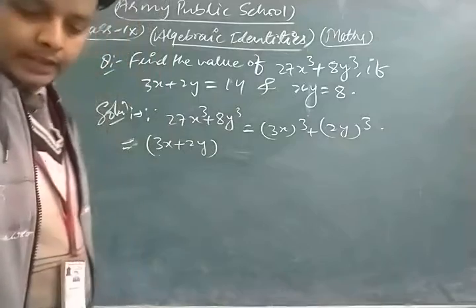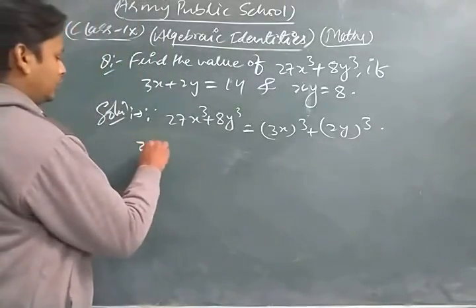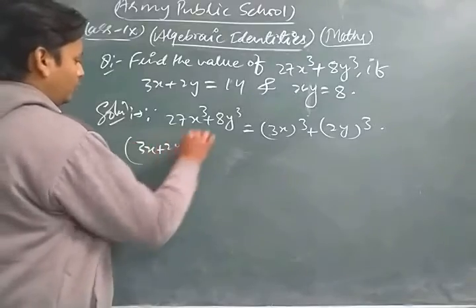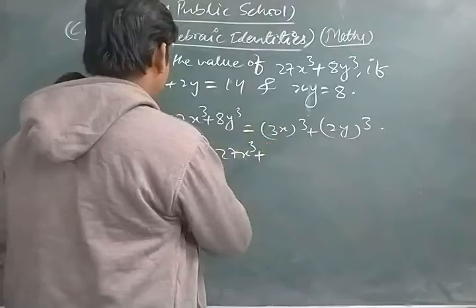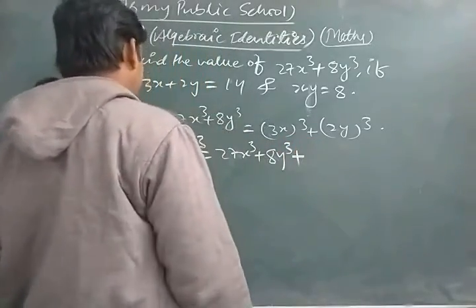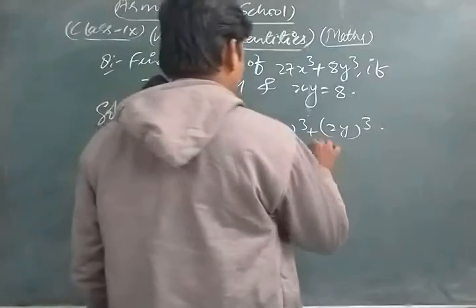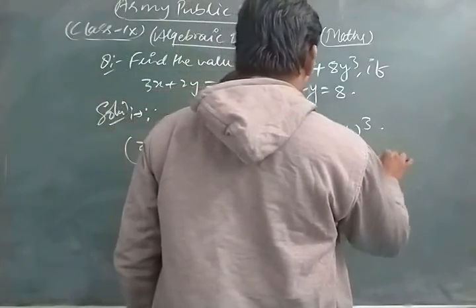Now here we apply the identity a plus b whole cube: 3x plus 2y whole cube is equal to a cube plus b cube plus 3ab in bracket a plus b.